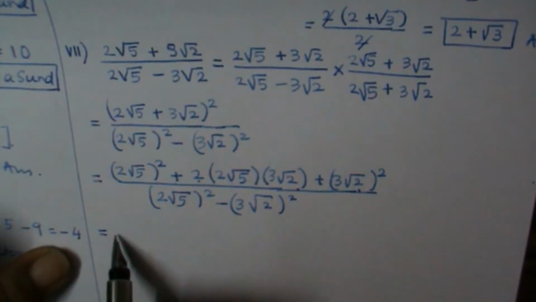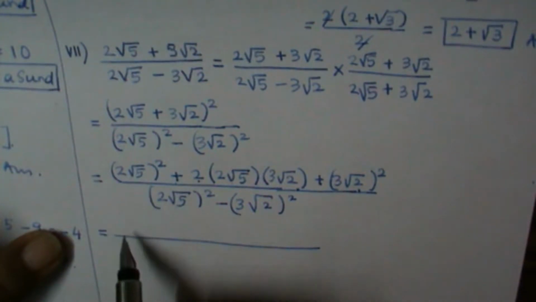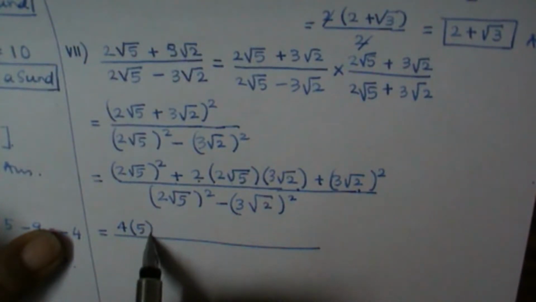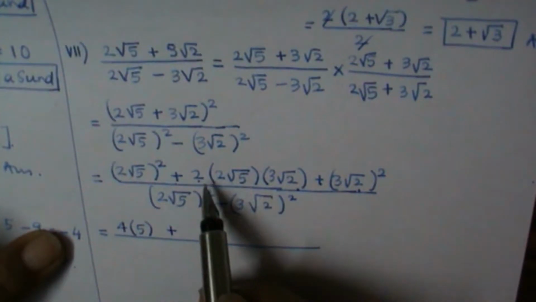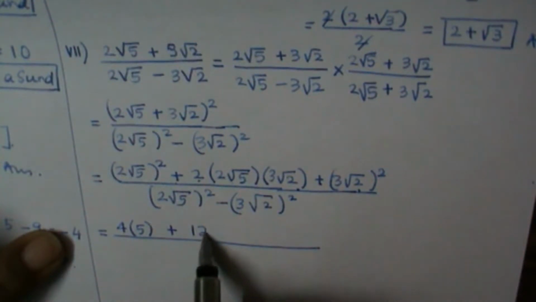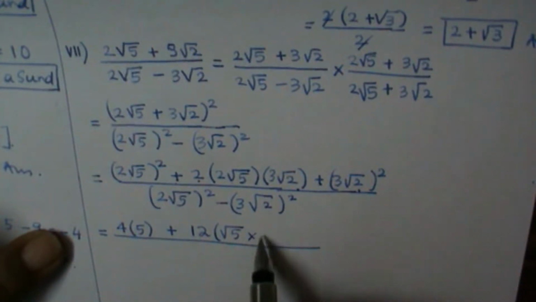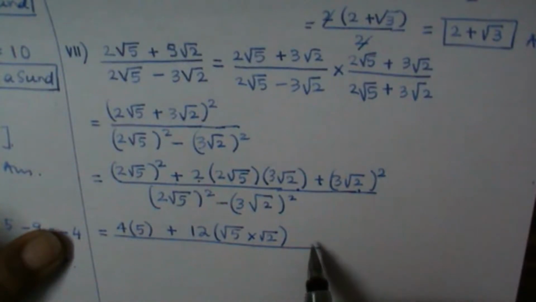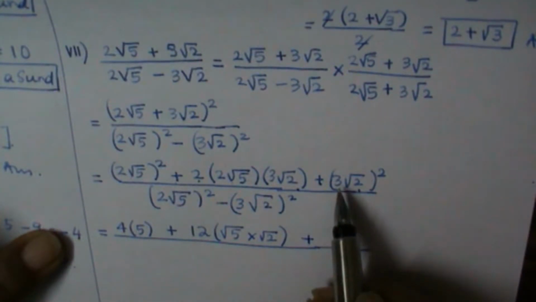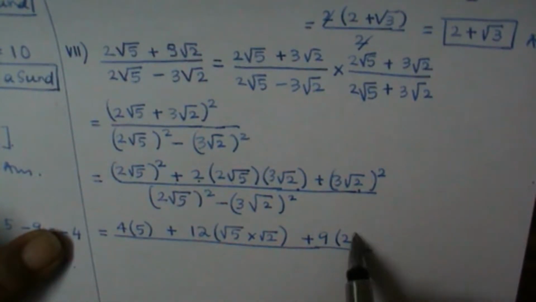is equal to, now the numerator, 2 square is 4 into 5 plus 2 into 2 into 3, 2 2's 4, 3's 12, and root 5 into root 2, plus 3 square 9 into root 2 square is 2.